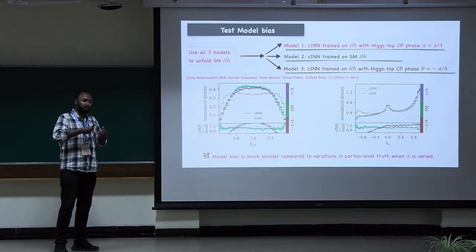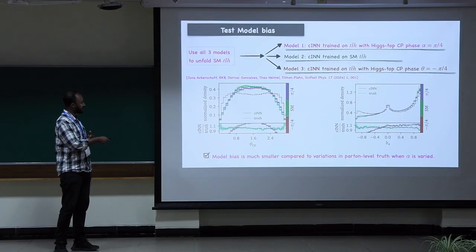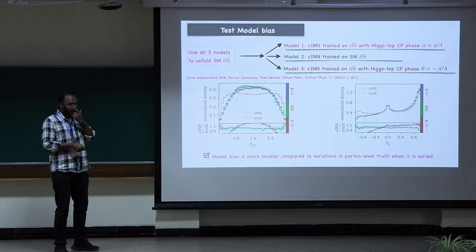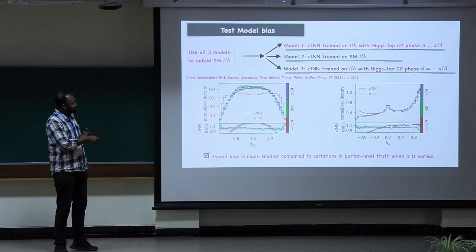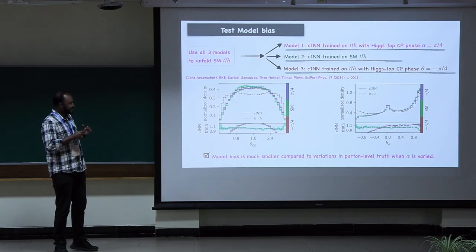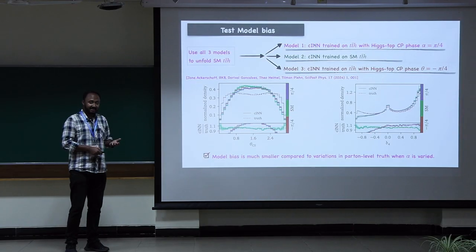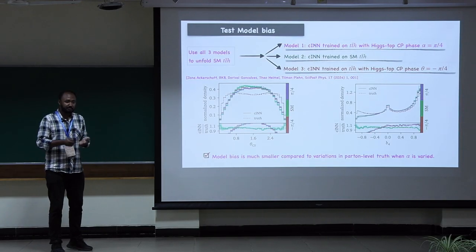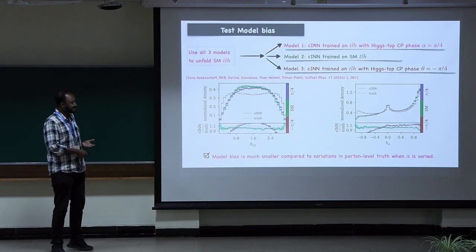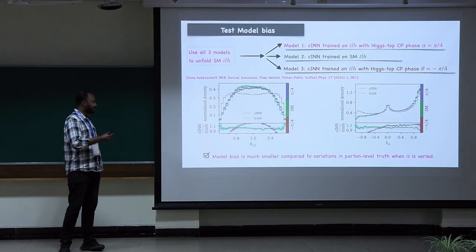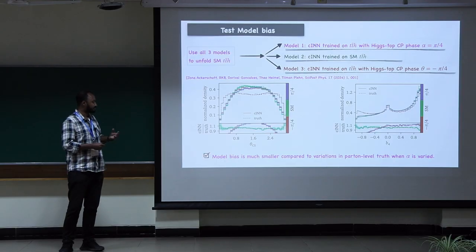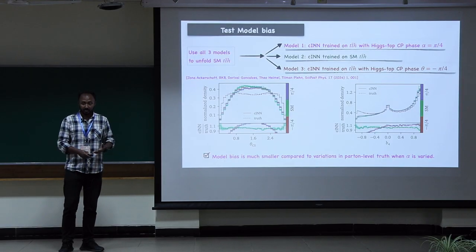So we are trying to unfold this distribution using models that were trained on these flatter distributions. The output from the network is shown through these solid curves, and we see that in all 3 cases, the network has a closer resemblance to the test data set than the training data set. Now, of course, there is bias, there is a lot of bias, but we see that this bias is still lower compared to the variations in the parton level truth when alpha is varied.